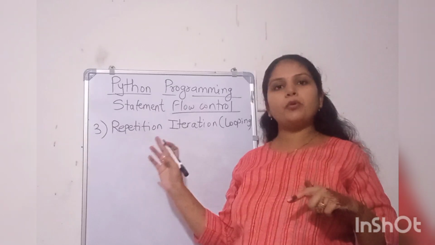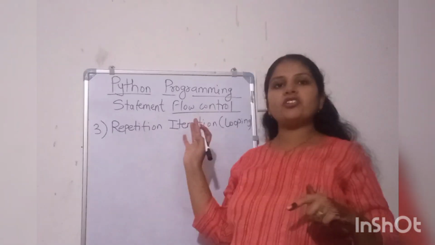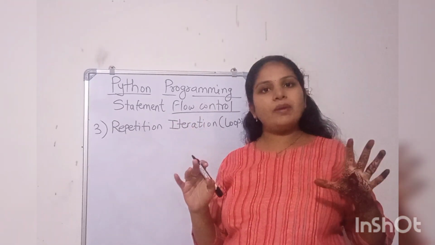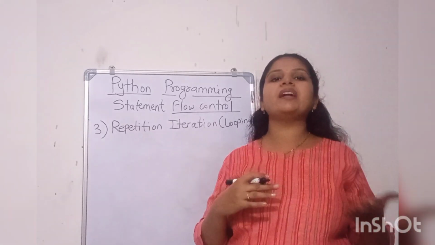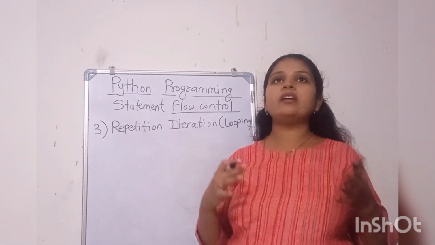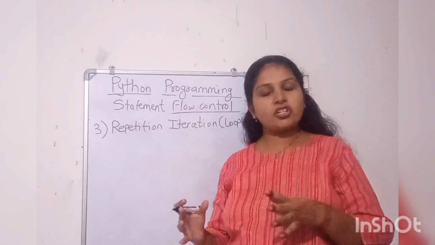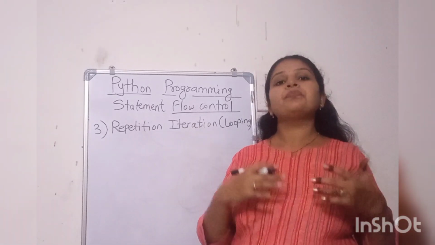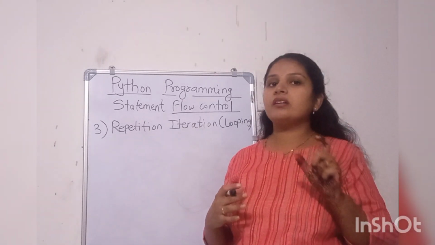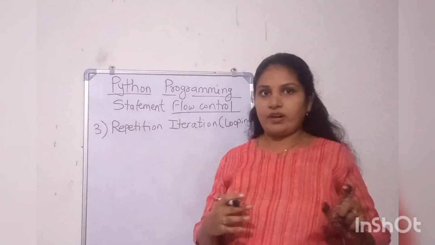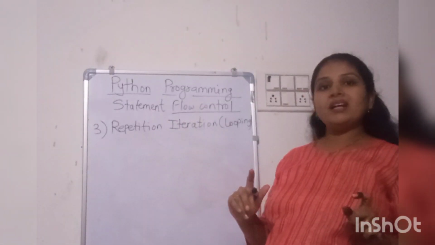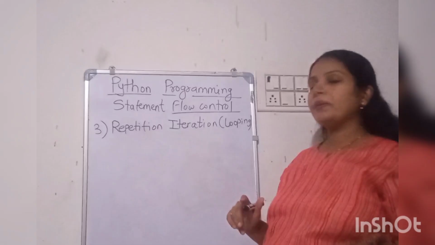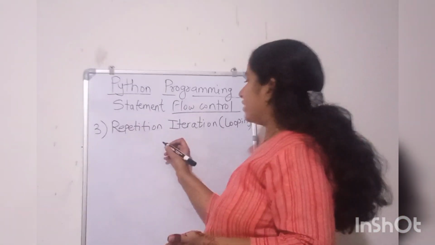So here also in programming, repetition or iteration means some of the statements are going to be executed repeatedly, iteratively. You need the same action to be taken repeatedly till a certain condition is satisfied, also called a looping statement. So how is the looping statement going to be executed?